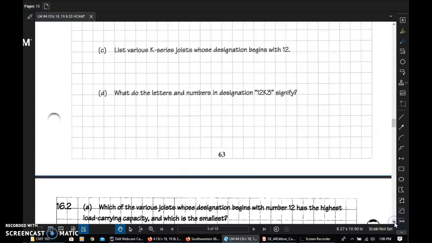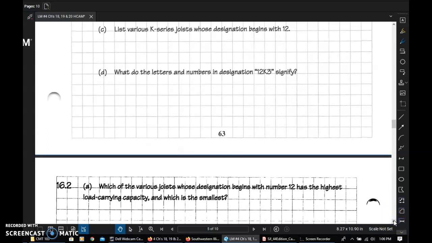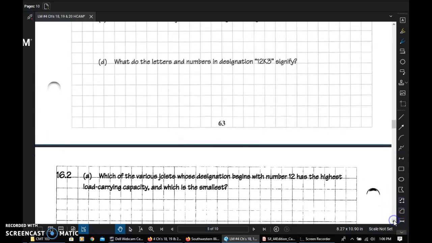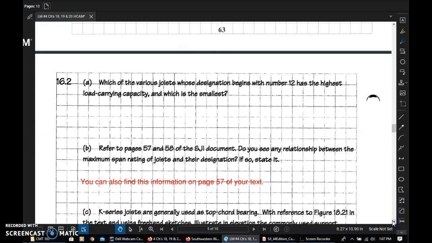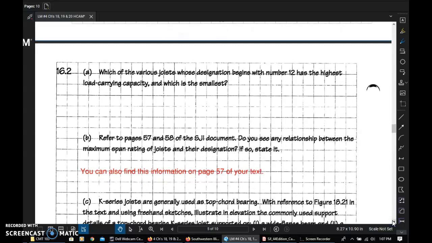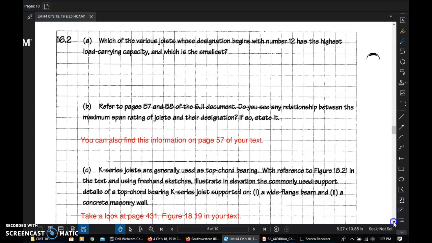What do the numbers and the letters signify? So they want to know what the 12 means, what the K is, and what the 3 is. So 16.2a, which of the various joists whose designation begins with 12 has the highest load carrying capacity, which is the smallest? So I've already explained that to you.